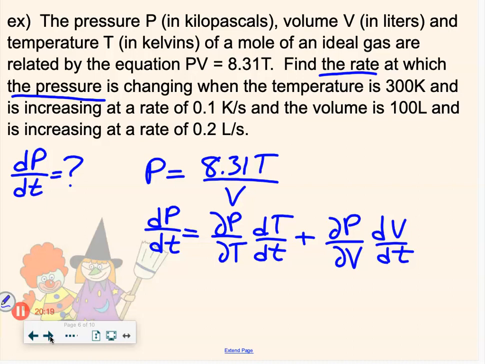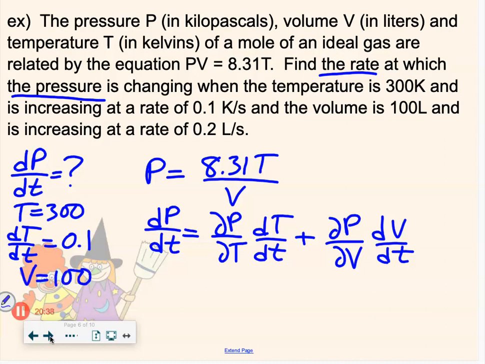I'm going to let you work. I'm going to write some things that we're given. We're told T equals 300. We're told dT/dt equals 0.1. We're told V equals 100. And we're told dV/dt equals 0.2.